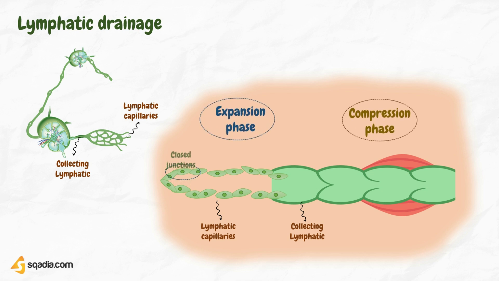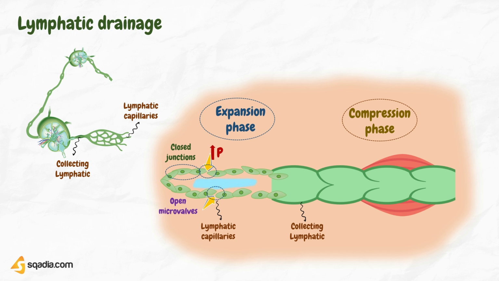During the expansion phase, although interendothelial junctions seem tightly closed due to endothelial overlapping, the pressure gradient from the interstitial fluid to the lymphatic lumen deforms the endothelial cells, so that the microvalves open and fluid enters the initial lymphatic.